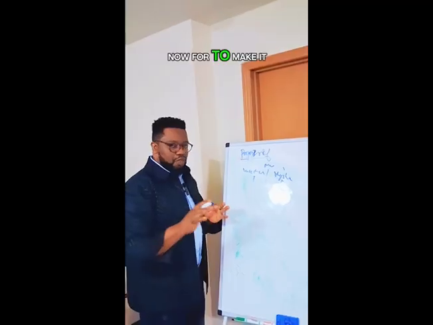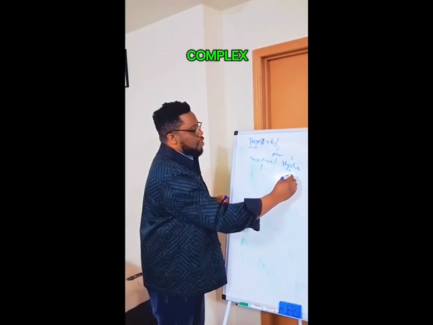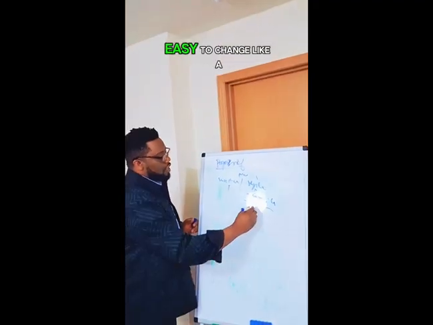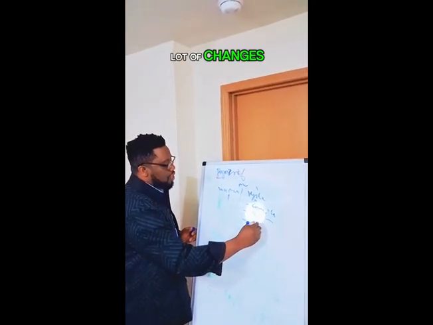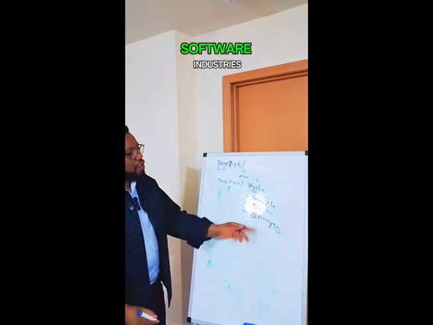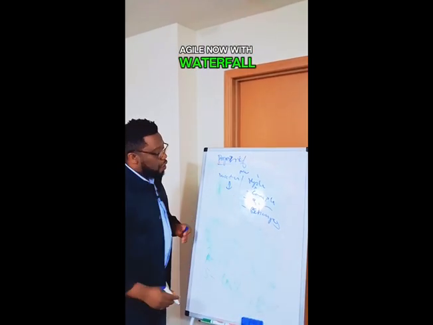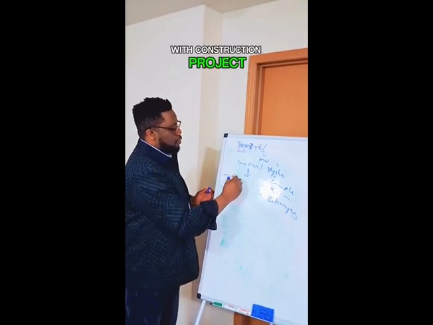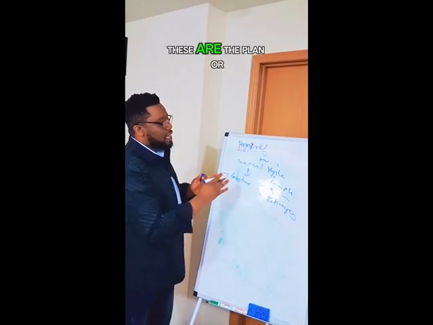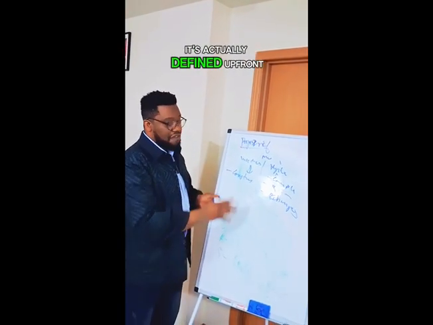Now, to make it simple for you, for complex projects, you go with agile. That's complex, quick feedback, easy to change, like a lot of changes happening in the project as you go. That is why we talk of software industries, they like to go with agile. Now, waterfall has to do more with construction projects, where the plan or the schedule of the project is actually defined upfront.